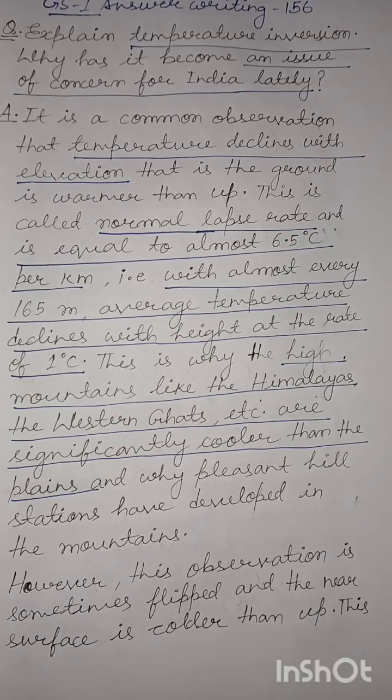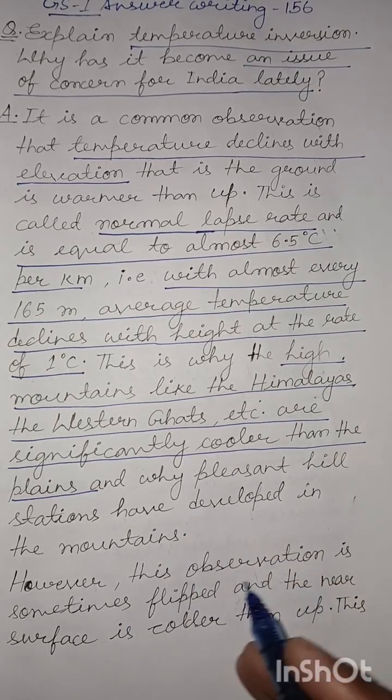So you can understand very well that a place at an elevation of almost a kilometer above mean sea level is, on average, 6.5 degrees cooler than a place that is around sea level.